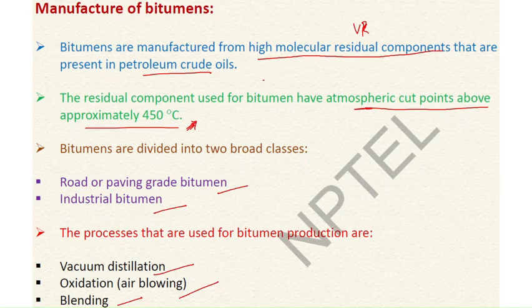Here this temperature of 450 is given according to the atmosphere, whereas the vacuum distillation unit works in vacuum, so its temperature is quite low compared to the atmospheric distillation unit. If we did the same procedure at atmospheric pressure, the temperature would be very high.